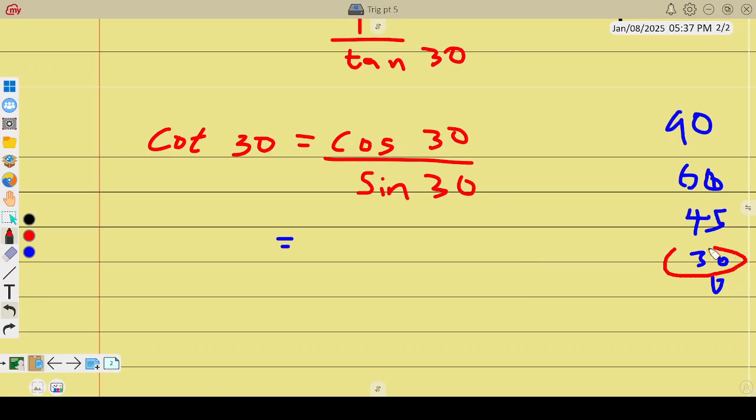Looking at 30, how many numbers are above 30? That's cos, so we have root 3 over 2, divided by sin 30. The number below 30 is just 1 over 2.